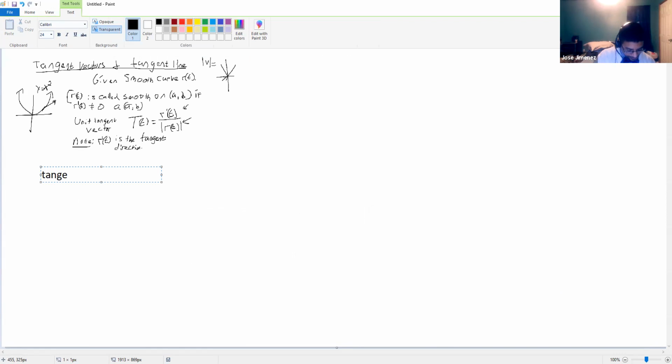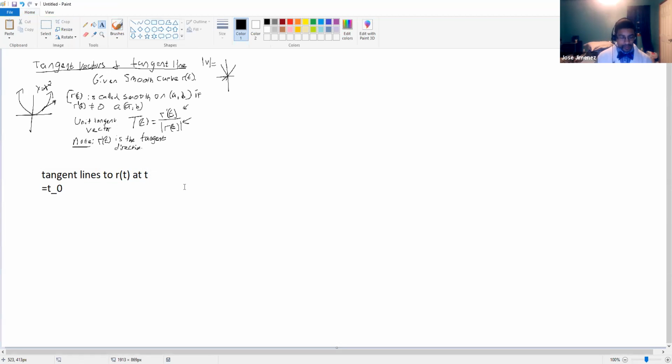Tangent line to r of t at t equal to t naught. Basically, what that's going to be is something that we've been doing for quite a while.